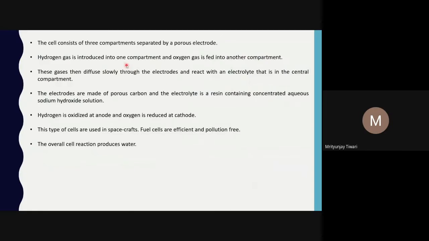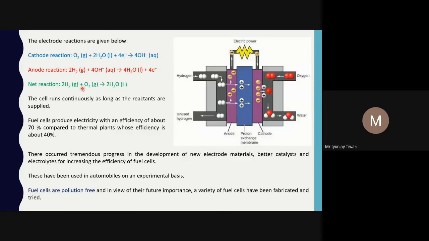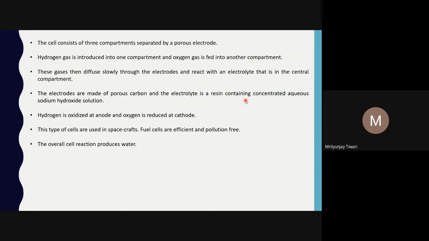Hydrogen gas is introduced into one compartment and oxygen gas is fed into another compartment. These gases then diffuse slowly through the electrodes and react with an electrolyte. And the electrolyte is what? NaOH, KOH, whatever the electrolyte that is in the central compartment. So the electrolyte is added in the central compartment with the proton exchange membrane.